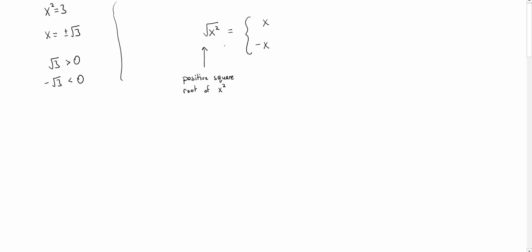Well, the answer is that it depends on x. If x is a positive number, then x would be the positive square root. However, if x was a negative number, then actually minus x would be the positive square root.